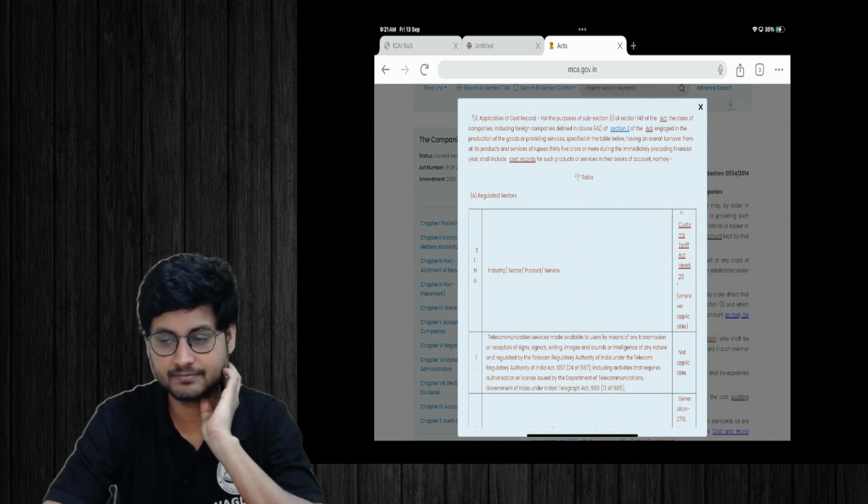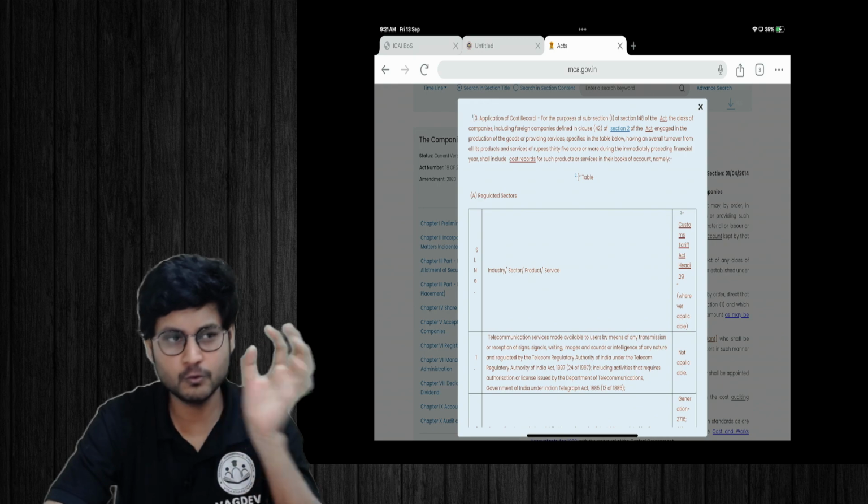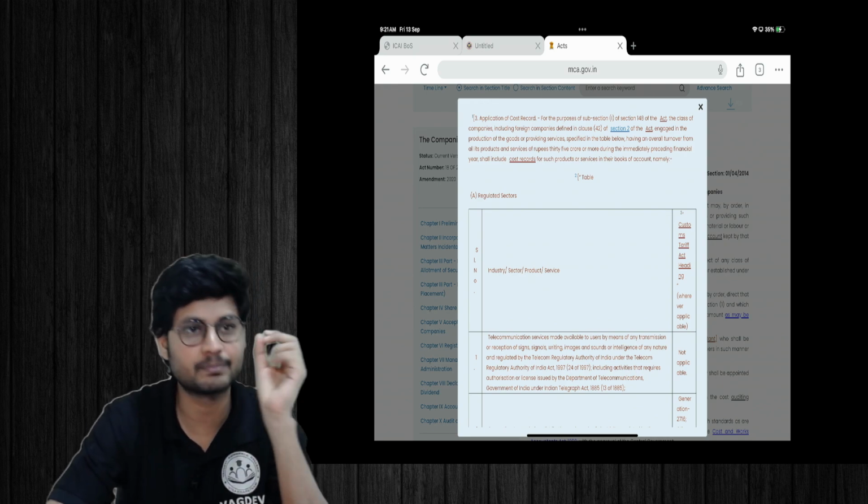Central government, rule 3, and you need to keep the big side heading.